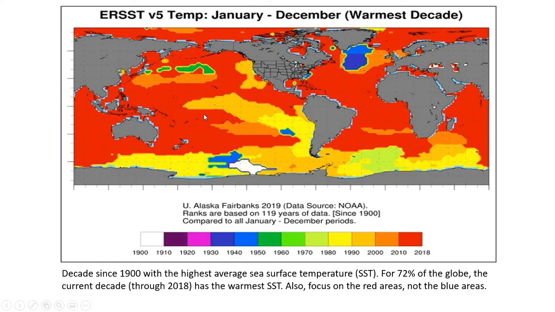Think of how much energy the oceans are absorbing. Remember, specific heat of water is much, much higher than air. So it takes much, much more energy to heat up the same given amount of water, 1 degree C, as does the same given amount of air, 1 degree C. So this is a huge amount of energy that the oceans have been absorbing and continue to absorb. But remember, gas solubility decreases with increased water temperature.